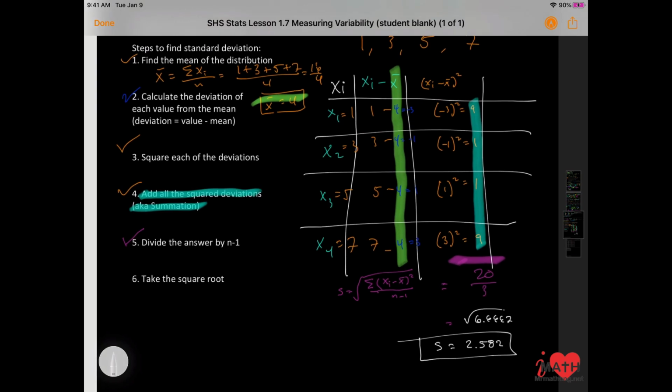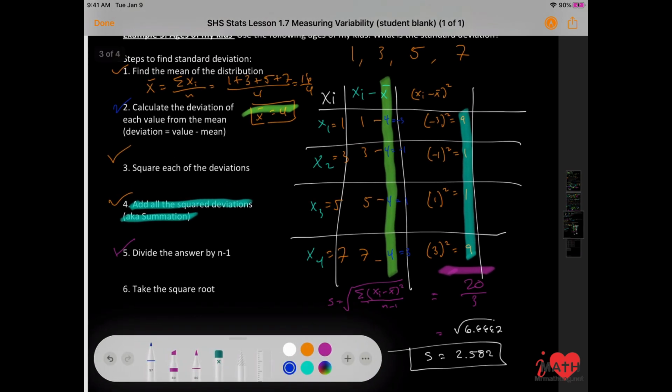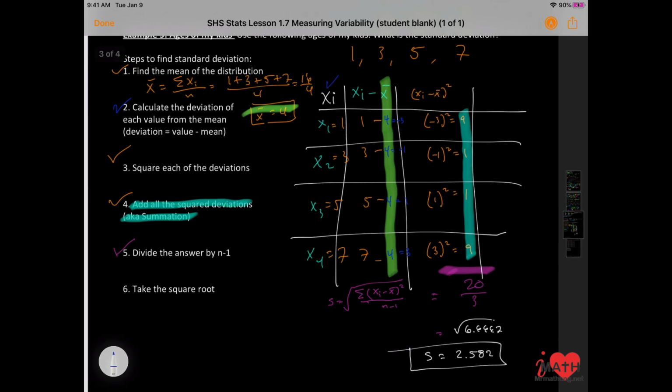So that was only 4 numbers, guys. It gets bigger and better. Okay, so what did we do again? Write down the numbers in the list right here, and then we're going to take those numbers and subtract them from the average, which was the green over here. And then you get an answer, and then you take all those values and you're going to square them. So that's what we did in this column.